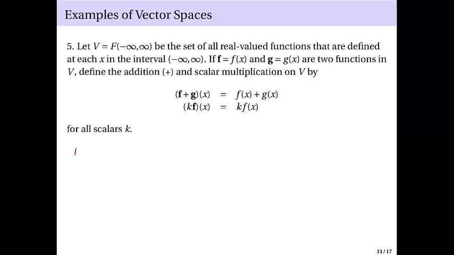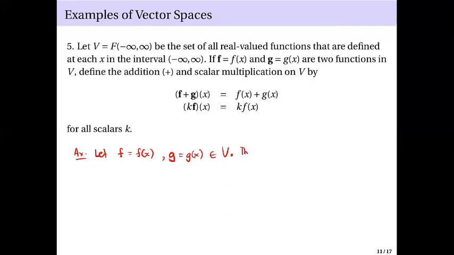So I will do axiom 1. Let f, this is your f of x, and let g, this is your g of x, be objects in V. So these will be functions that are defined at each x in the interval negative infinity to plus infinity.